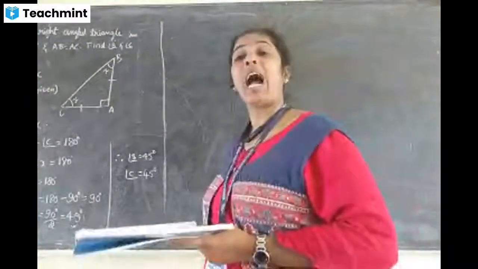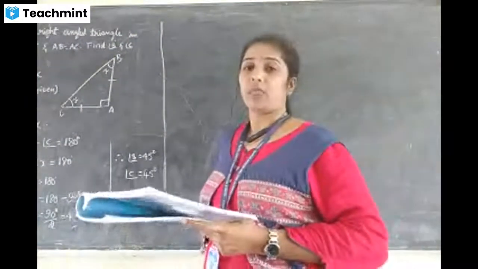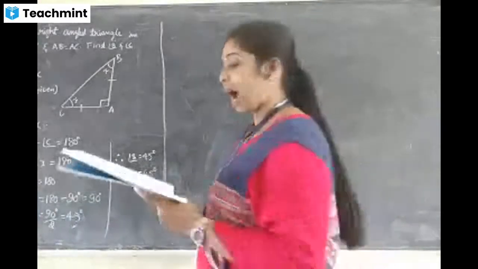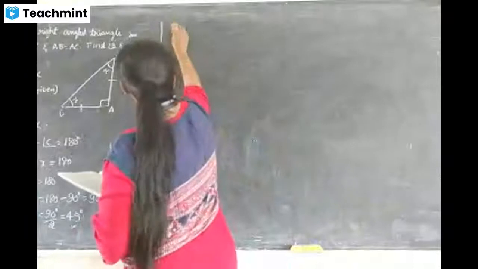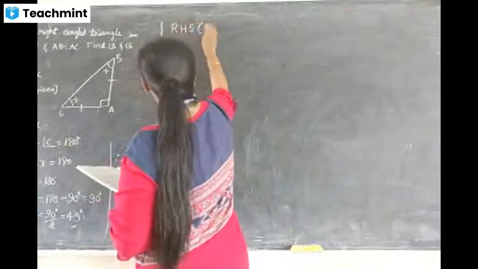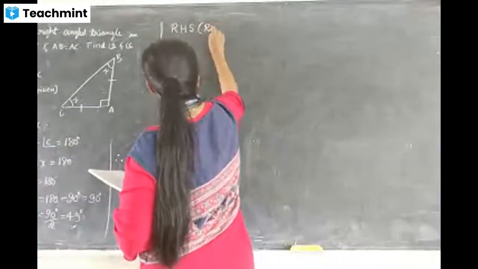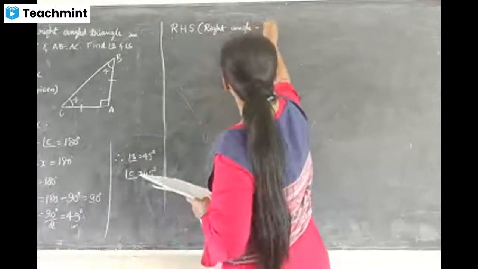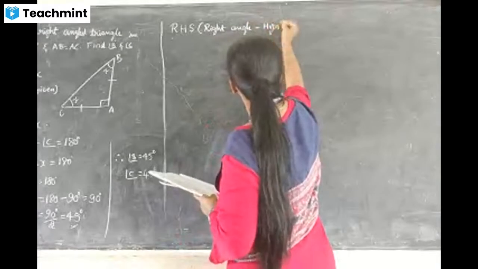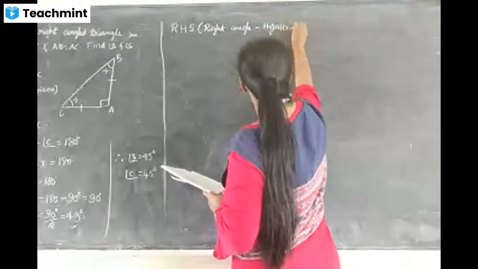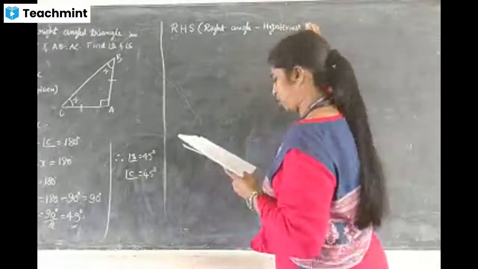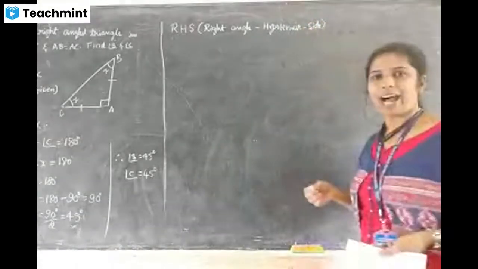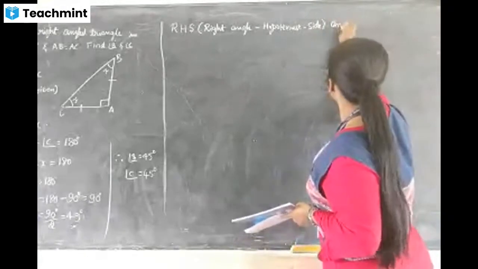Right angle hypotenuse side is the full name. RHS, R capital everything. Right angle, hypotenuse, side. Full name is this. Shortly we call it the RHS congruency rule.